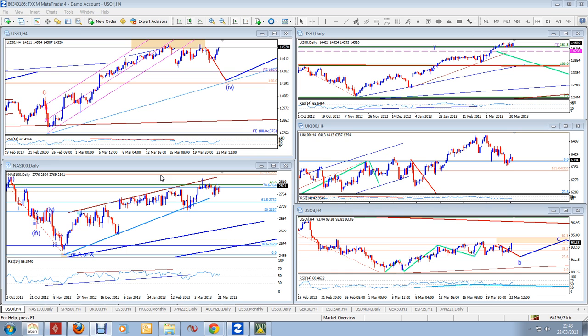Normally we also carry out the intermarket analysis, where we look at the equity index and oil as a representative of the market, which could sometimes give us direction for the forex market.